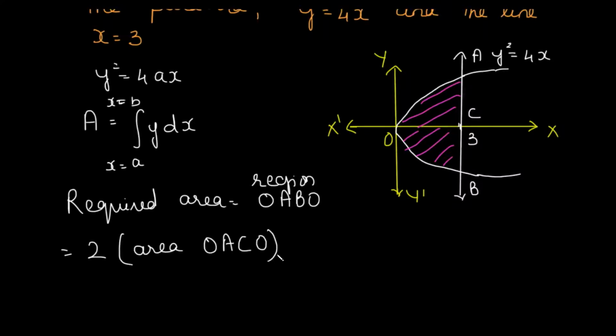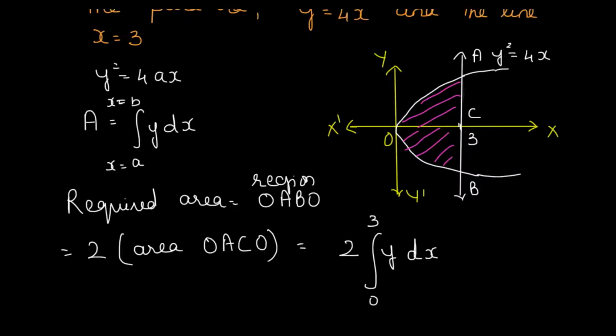So this becomes twice the integral. Now the area of this region OACO can be found by using integration, that is 2 integral of 0 to 3. See, our lines are x is equal to 0 and x is equal to 3. The area is bounded between these two lines. So twice of 0 to 3 y dx. So that is our required area. Okay, so that is the entire area of this particular region.